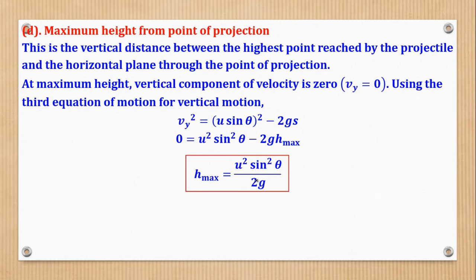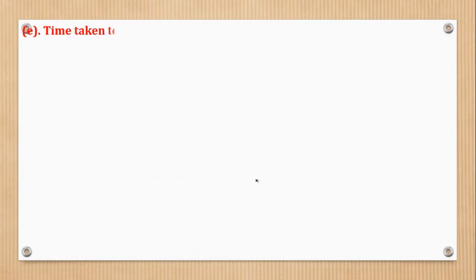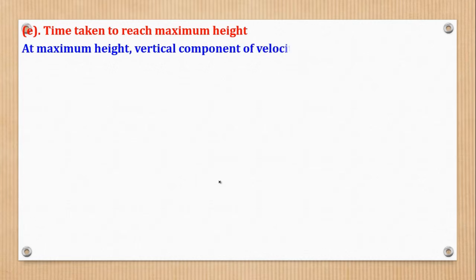That will be the formula for maximum height in case it is asked. Another term is the time taken to reach maximum height. All these terms can be asked in the question, which can tell you to calculate the maximum height, or calculate the time taken to reach maximum height, or calculate the velocity at time t, as we shall see in the calculations.